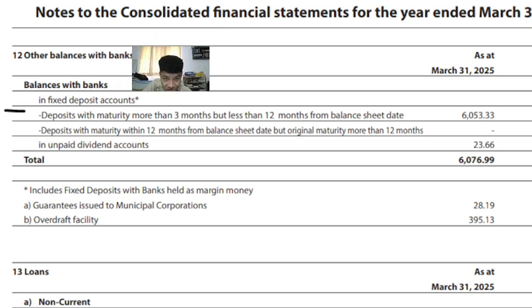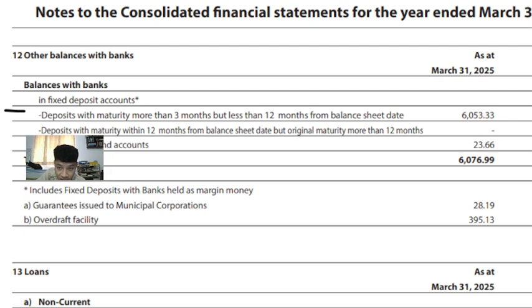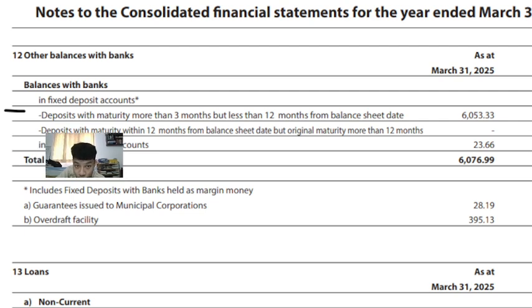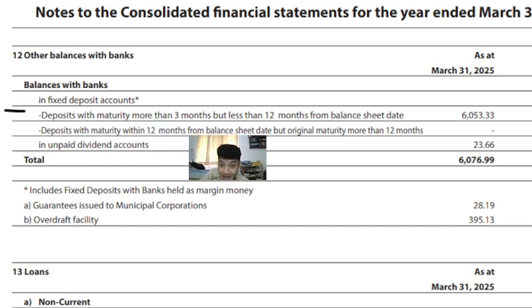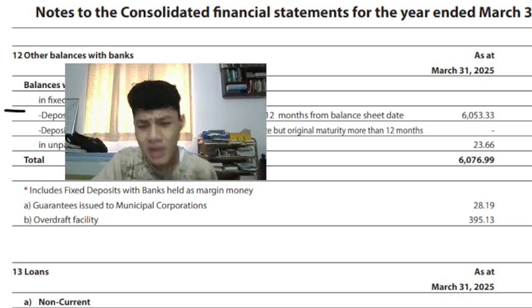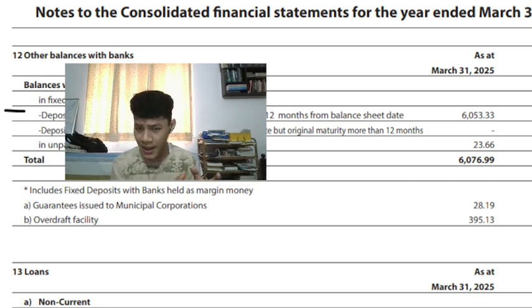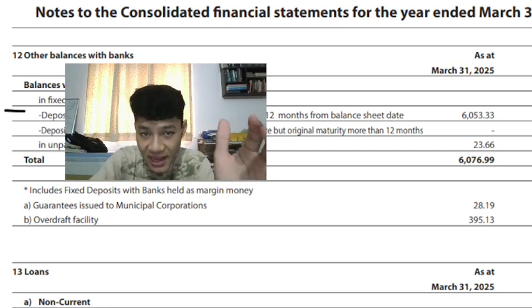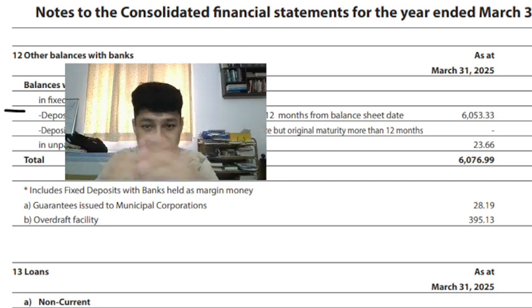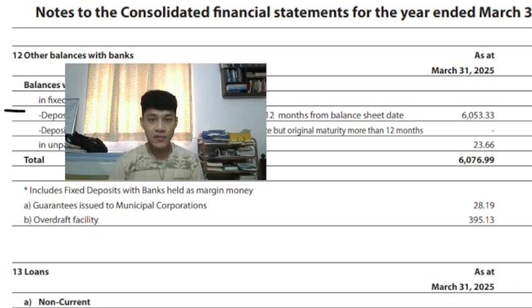And you see this asterisk on fixed deposit accounts, they have explained it. This 60 crores actually includes fixed deposits with banks held as margin money. What is margin money? Basically, money held by the bank. So some of this cash will be restricted. Some of this cash the company is not allowed to just take away. Why?